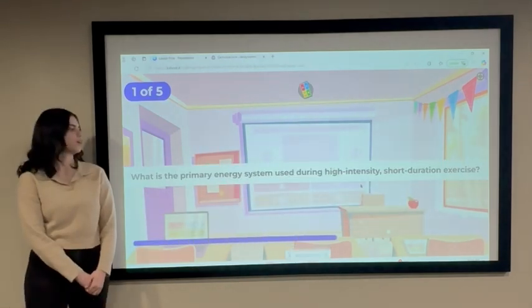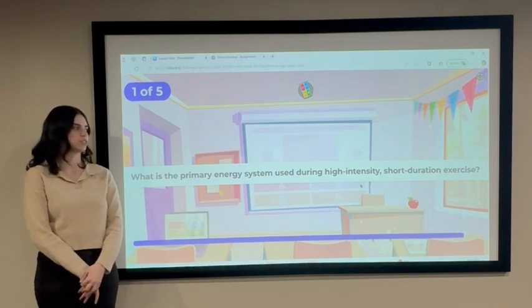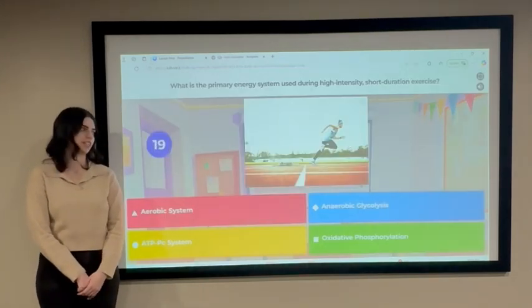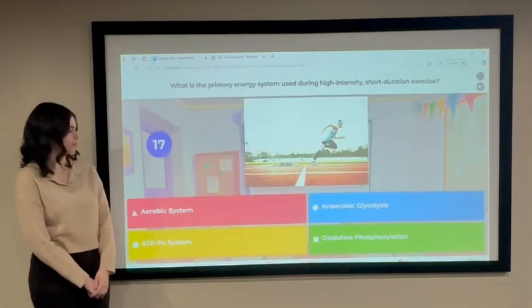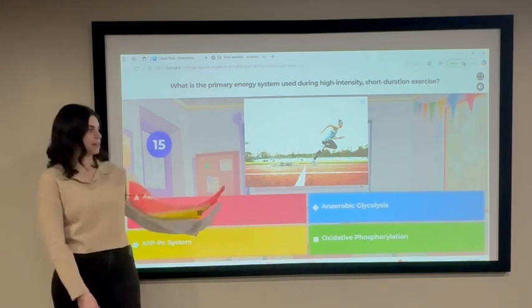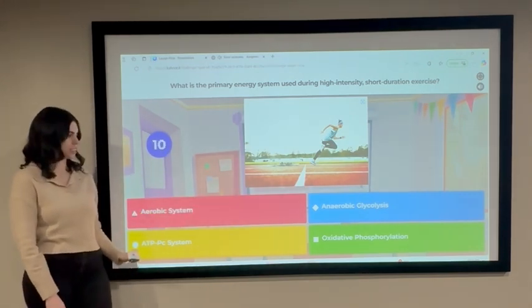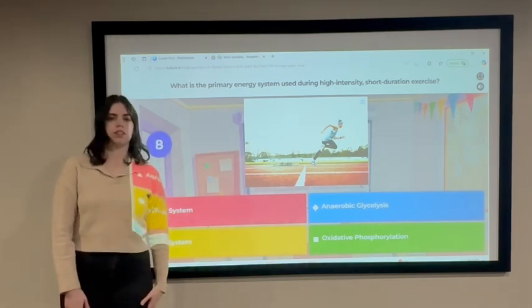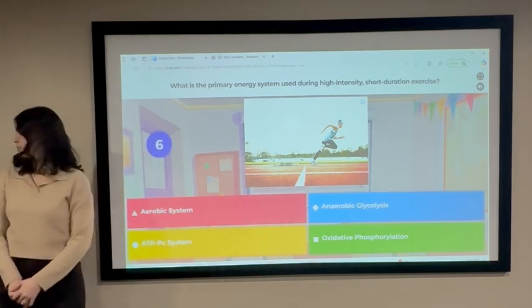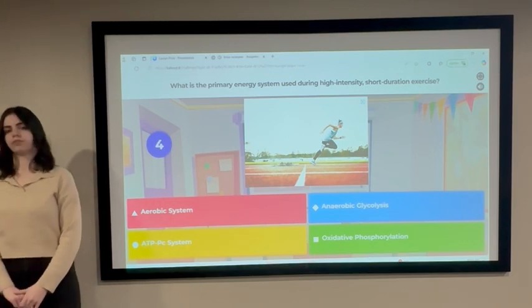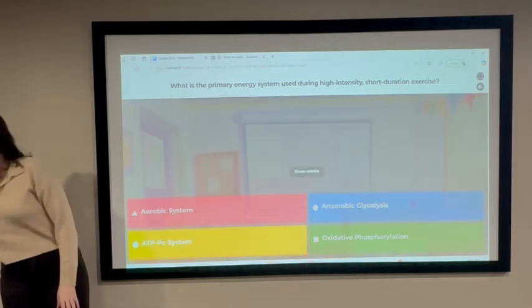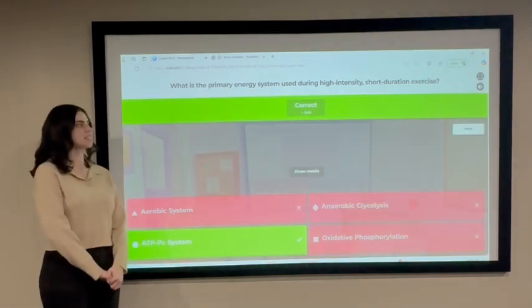Question 1, what is the primary energy system used during high-intensity, short-duration exercise? We have aerobic system, anaerobic glycolysis, the ATP-PCR system, or oxidative phosphorylation. If you chose ATP-PC system, you are correct.